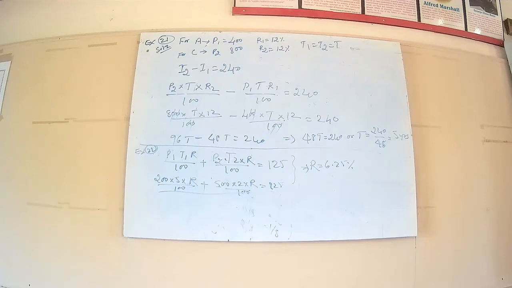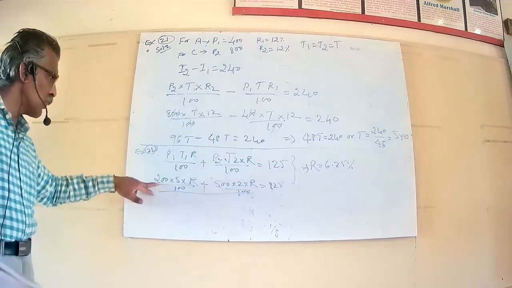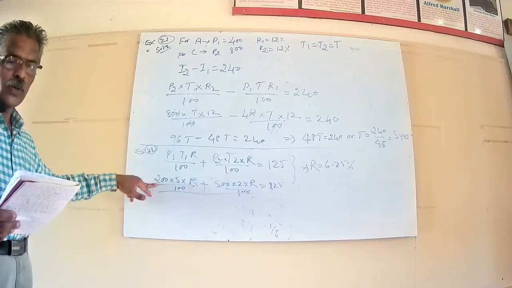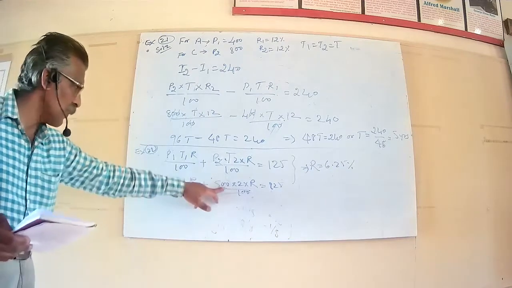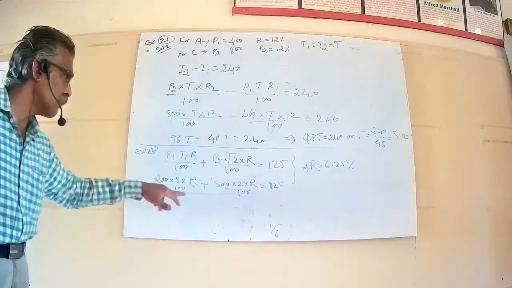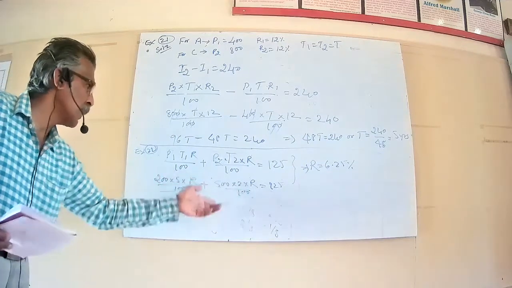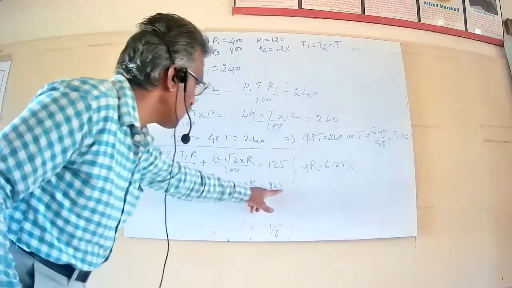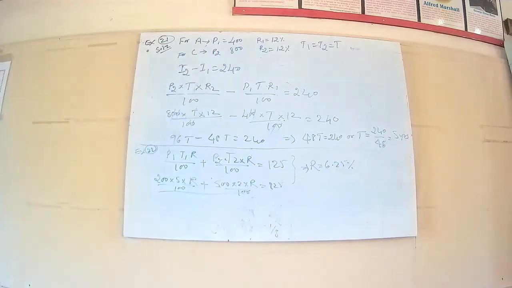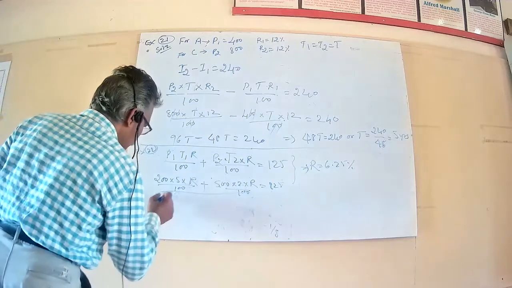It means I1 plus I2 equals 125. The given values are P1 is 200 and P2 is 500, R is the same for both, T is 5 years for the first investment and 2 years for the second. PTR upon 100, and I1 plus I2 equals 125. This is the clue, and if we simplify, that gives you 10R.